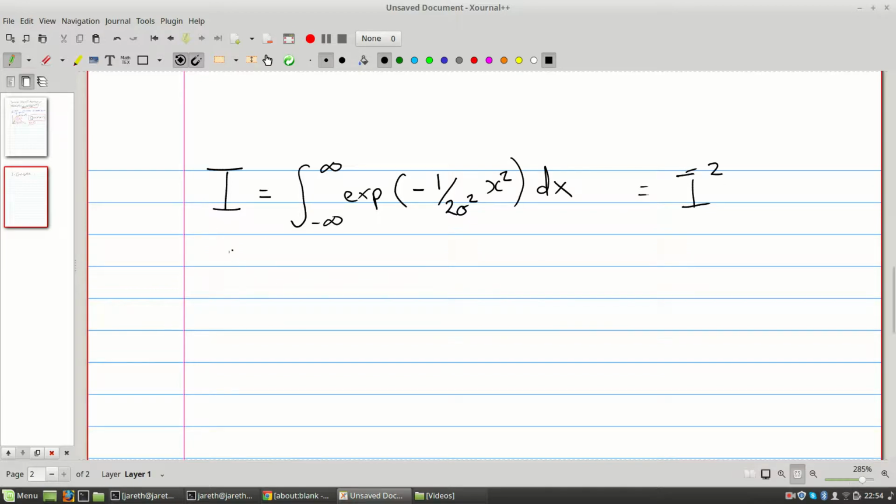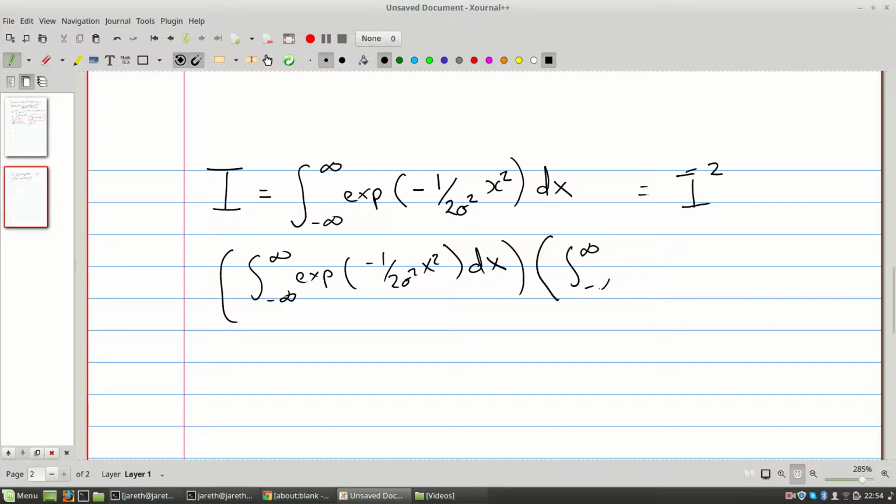By I squared, I mean we're multiplying this integral, from minus infinity to infinity of the exponential of minus 1 over 2 sigma squared x squared with respect to x, and we are multiplying this again by the same thing, exponential of minus 1 over 2 sigma squared y squared, where y and x are the same thing essentially, dy. Right.